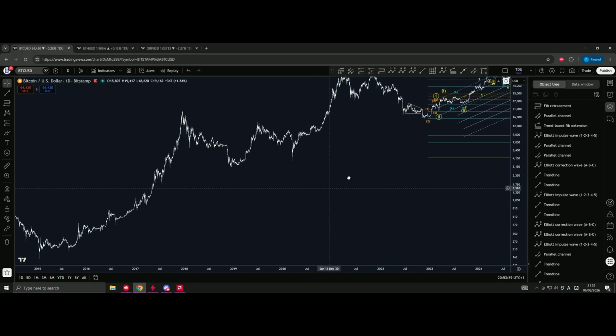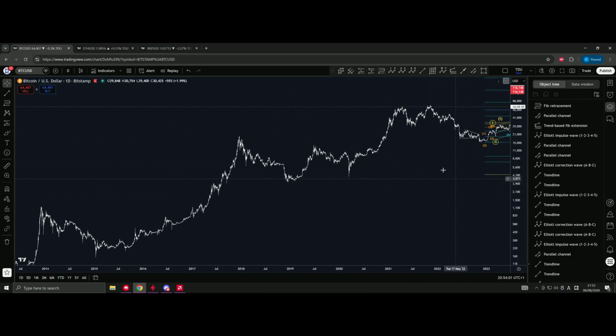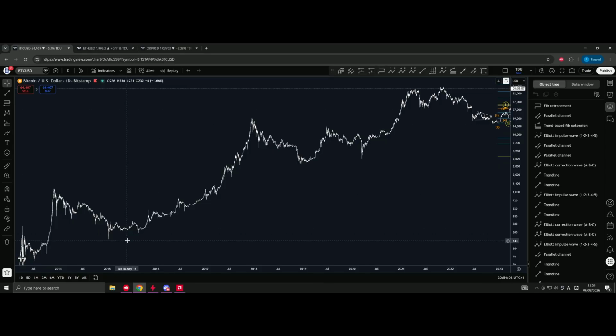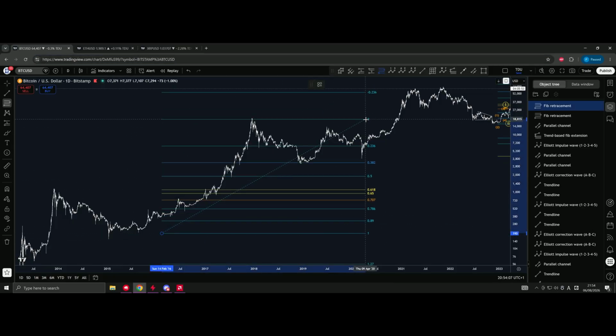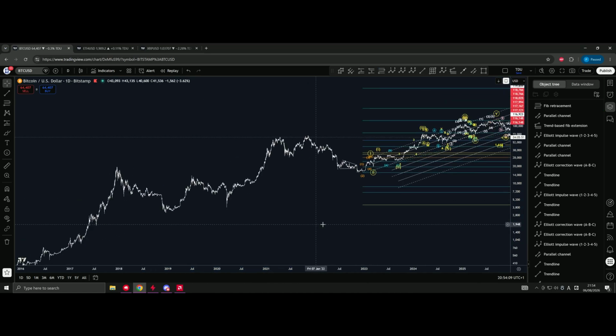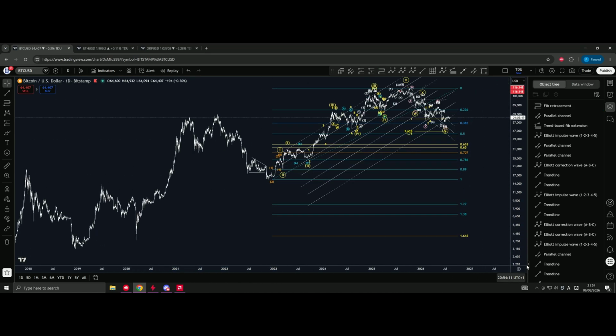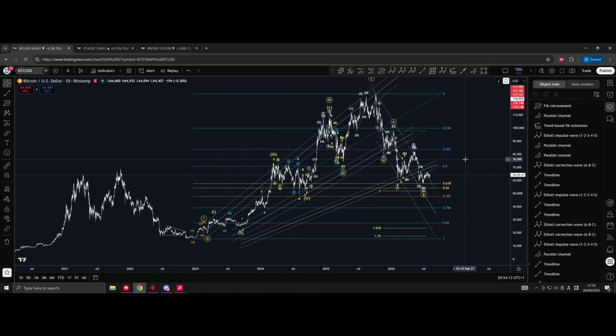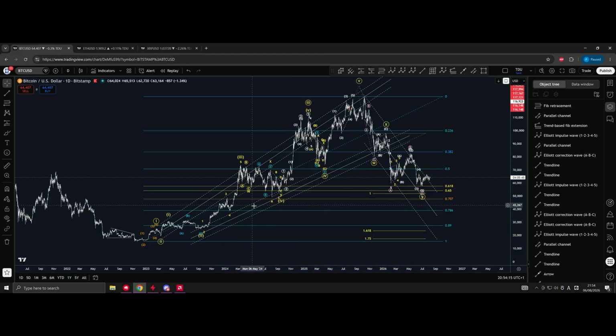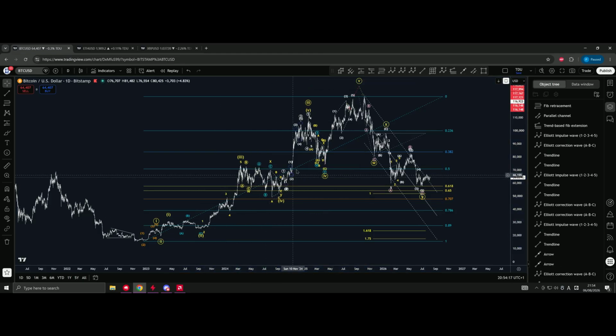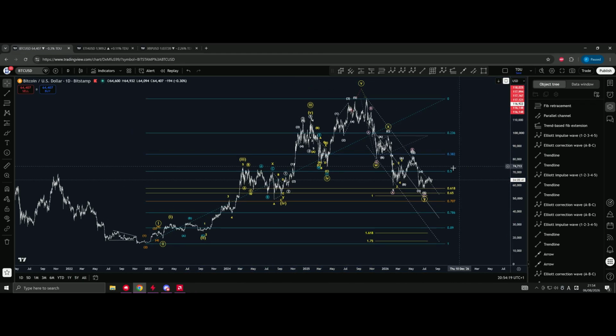Should I even check this one? I think there's no point in checking this one. 0.38. If, however, we take a look at the linear scale and I remove these, we're only at the 0.61.